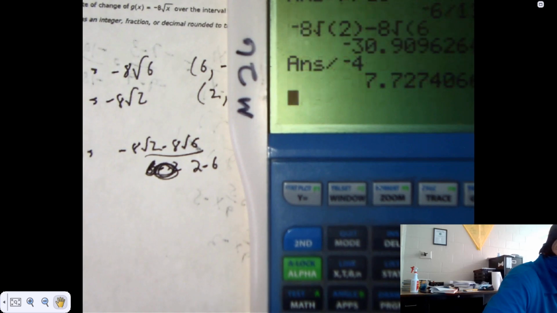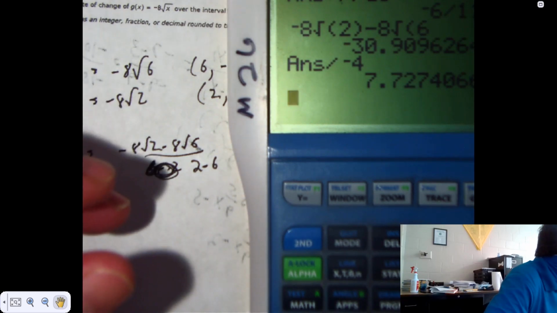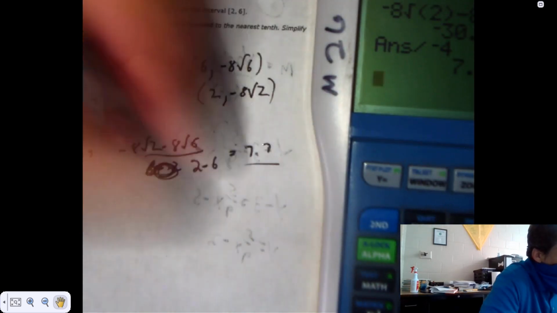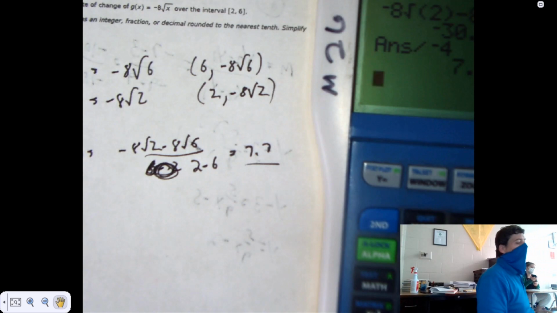Negative 4. Now, is that going to convert to a fraction? Something with radicals, what are the odds that it converts to a fraction? They're almost non-existent, kids. Round that thing to the nearest tenth. What is it? 7.7. And that is A8 and A10.